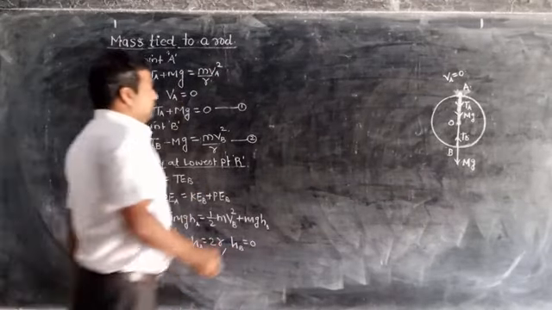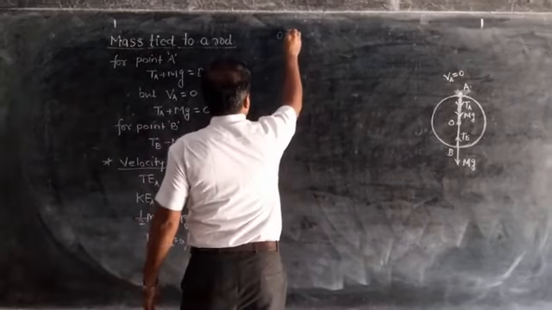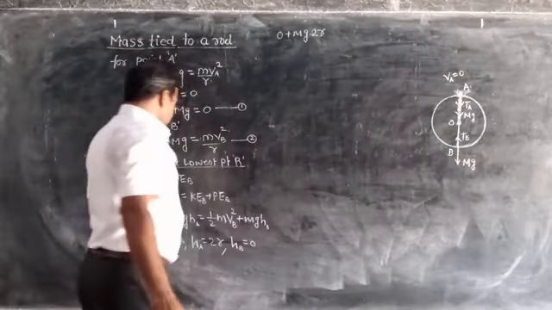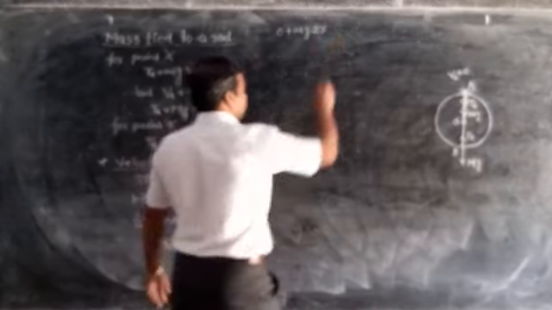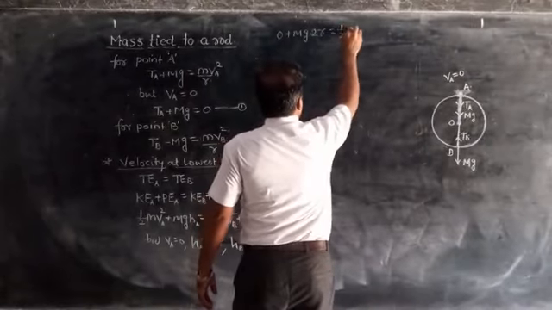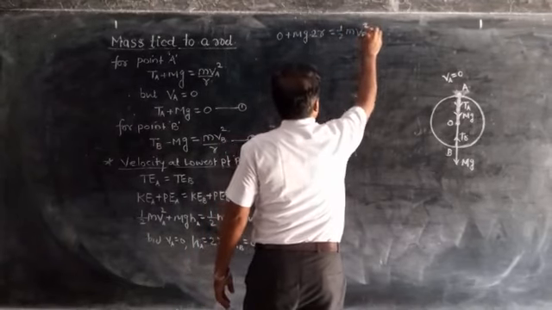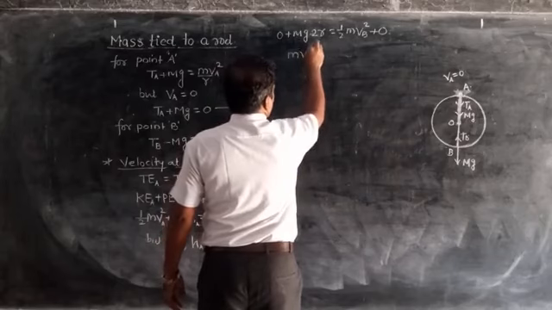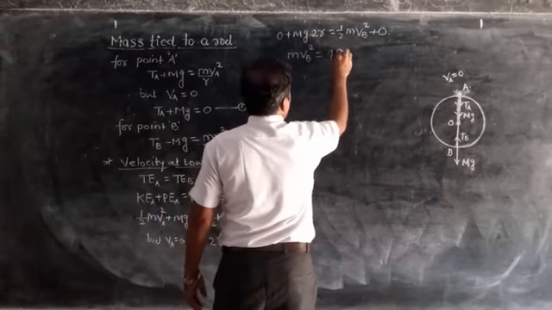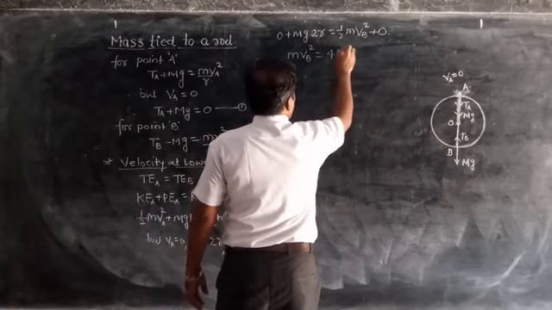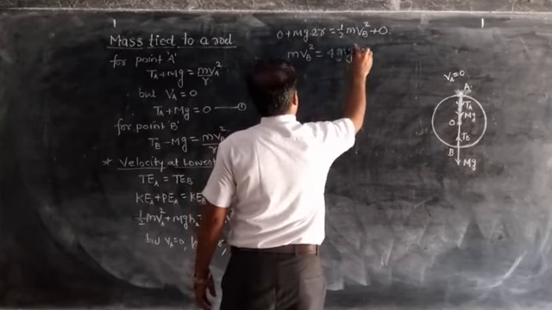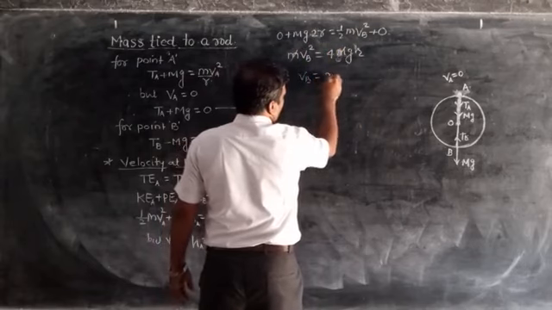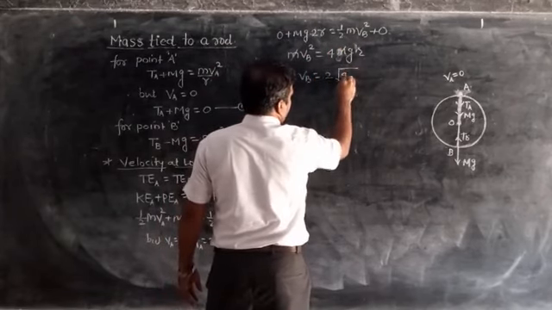Now put these values. Therefore 0 plus mg into twice R, this mgh into twice R, is equal to half mVB square plus 0. Therefore mVB square is equal to 4mgr. m gets cancelled, and therefore VB is equal to 2 under root gr.